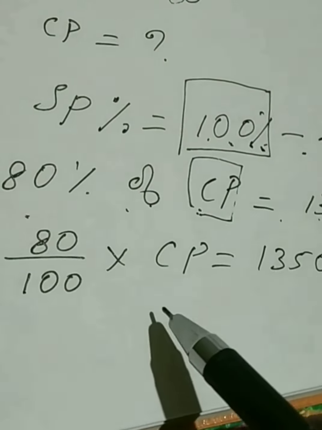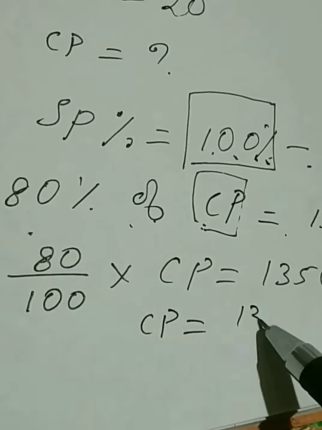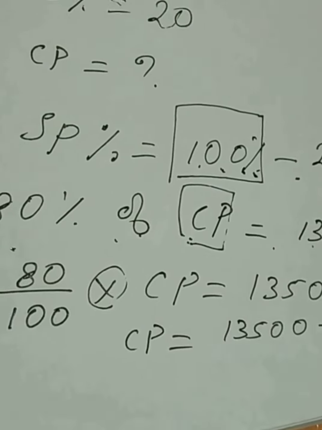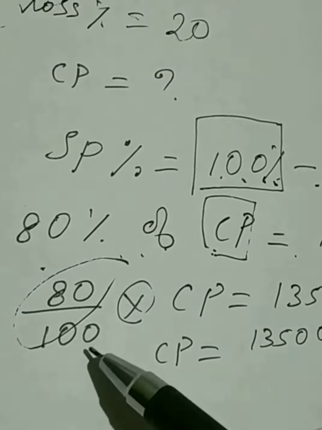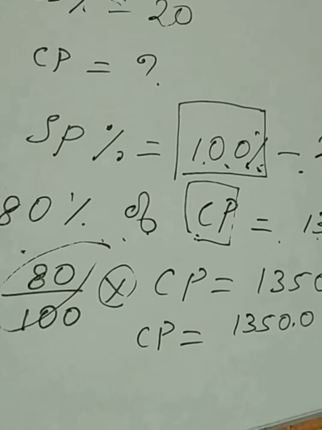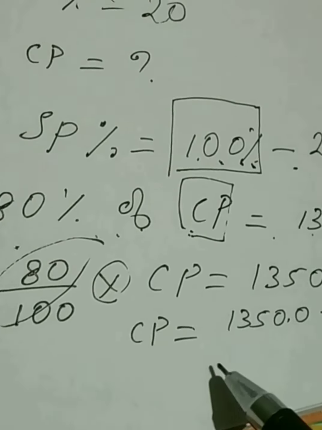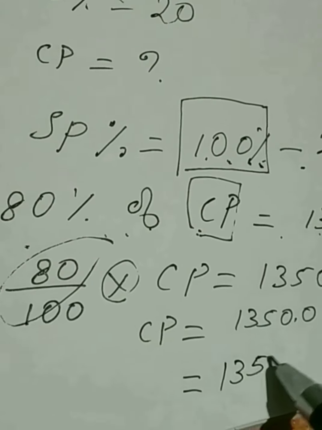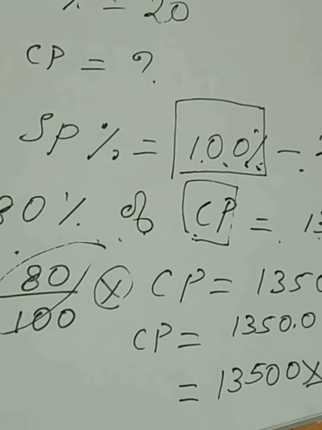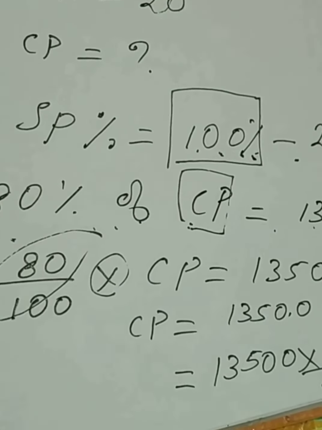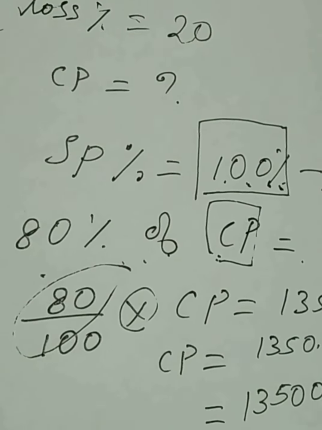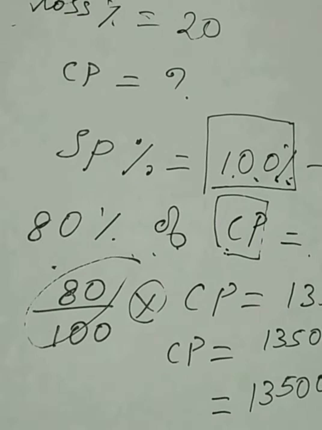Then CP is equal to 13,500 multiplied by the reciprocal of 80 on 100. We can cut this 0, this one, here 5 and here 4.